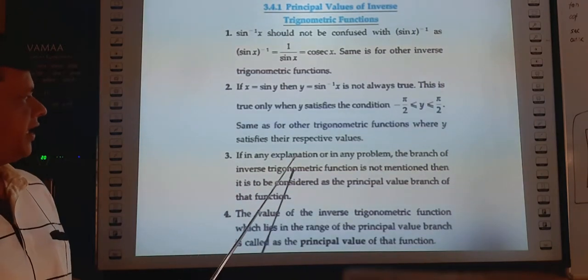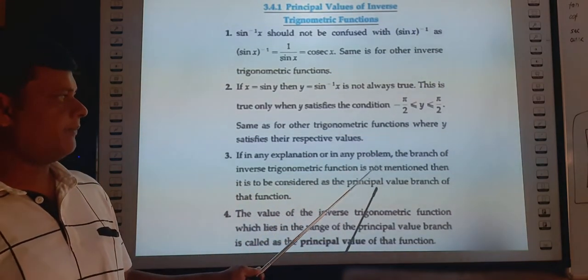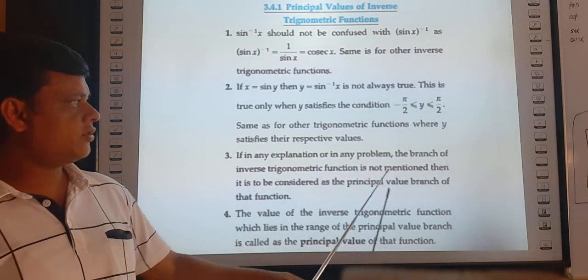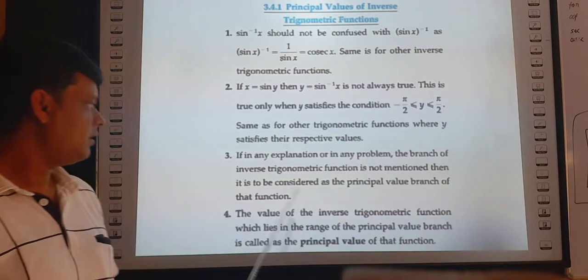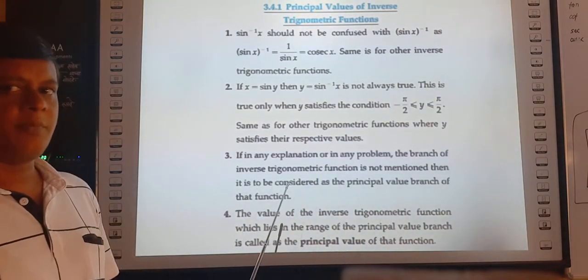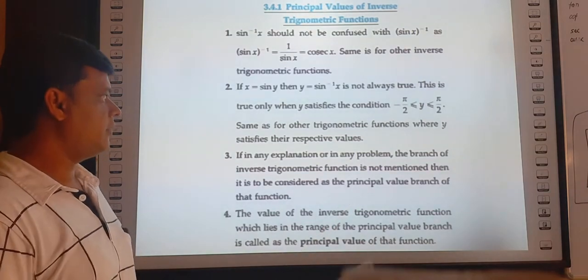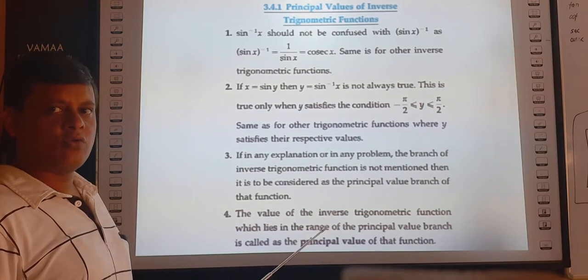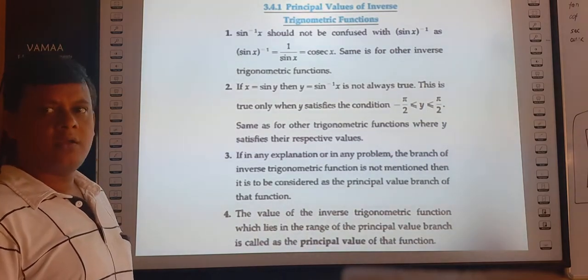If in any explanation or problem the branch of the inverse trigonometric function is not mentioned, then it is to be considered as the principal value branch of that function.